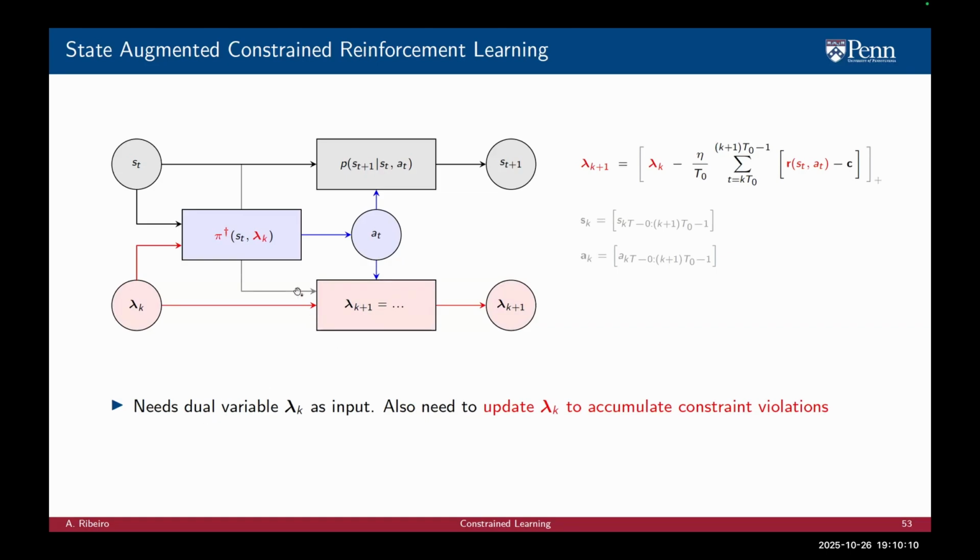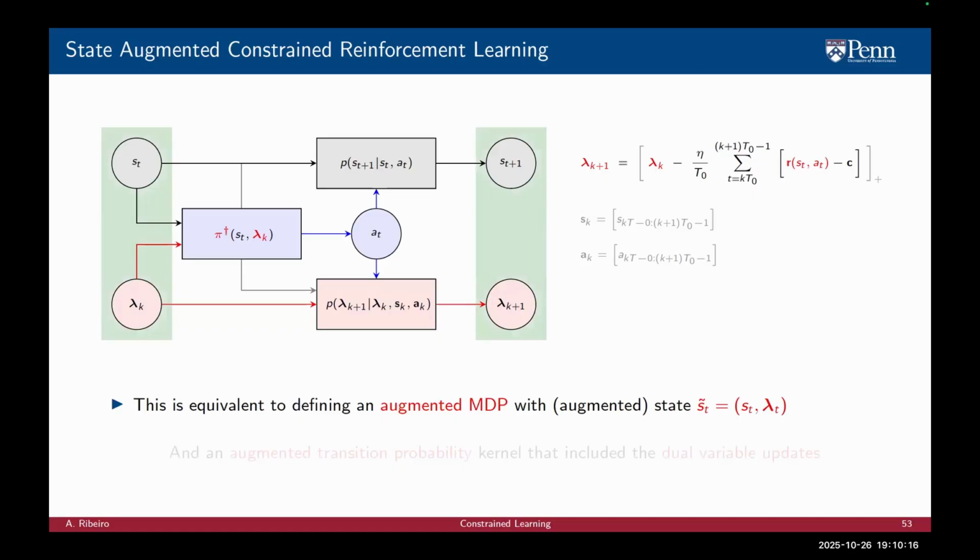Because in order to implement these policies, I need to be implementing the dual gradient update. Thus, instead of having an MDP characterized by s_t, the MDP is characterized by s_t and lambda_k, and the transition probability kernel, instead of being simply characterized by P, is characterized by P and this other P, which describes the evolution of the Lagrange multipliers. And in between, we have this policy, and you can see now that this is entirely workable.